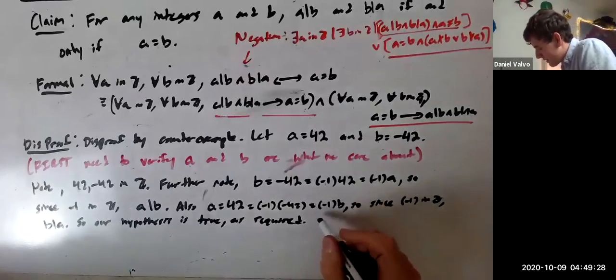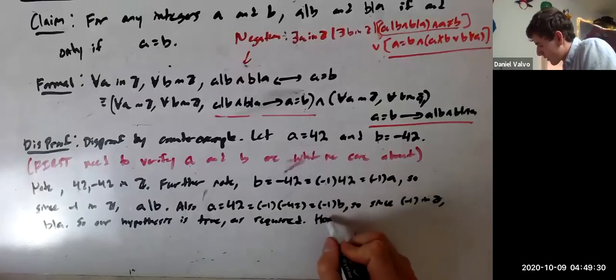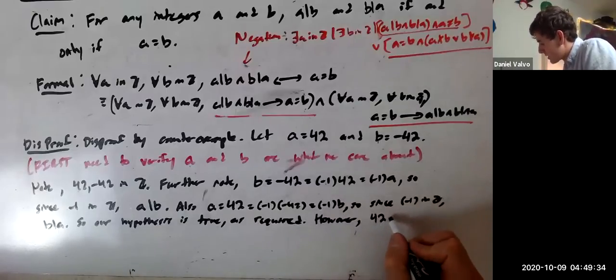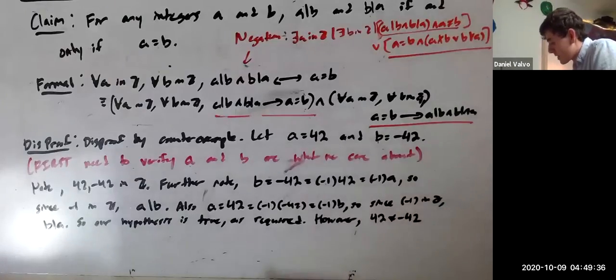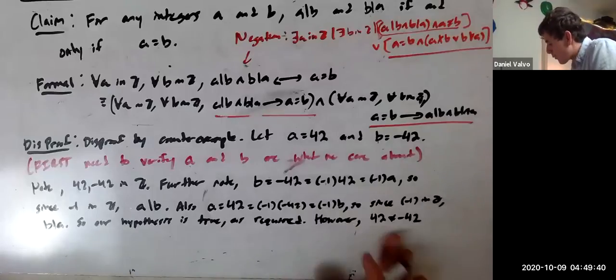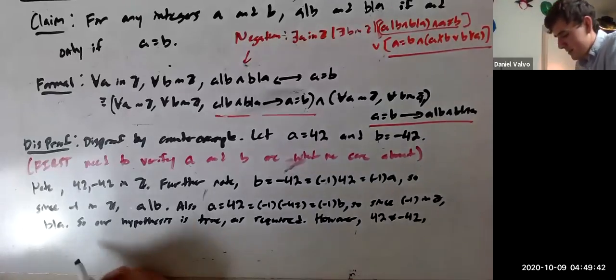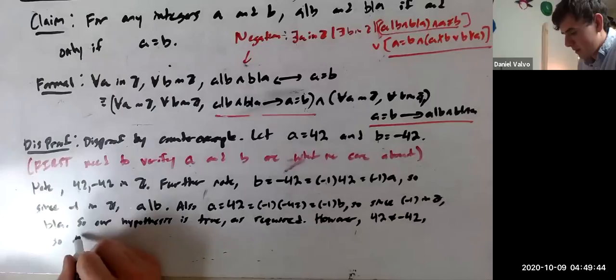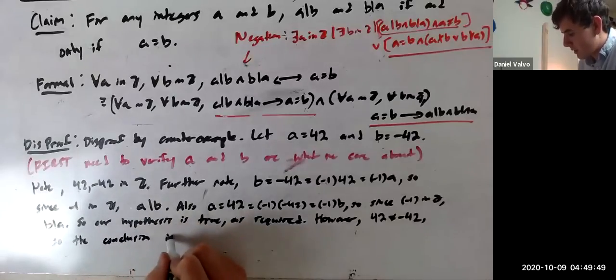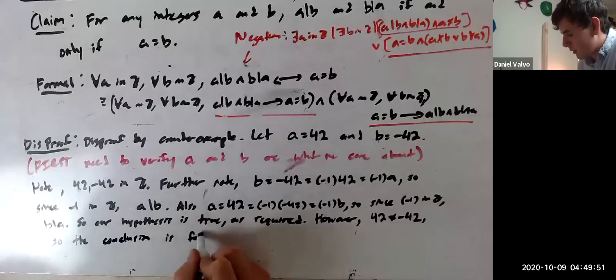But, well, I'll say, however, now the counterexample part for this is really easy. However, 42 does not equal negative 42. We're allowed to know that integers aren't equal to each other, right? That's the thing we're allowed to assume. So the conclusion is false.